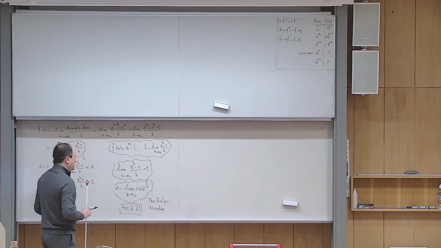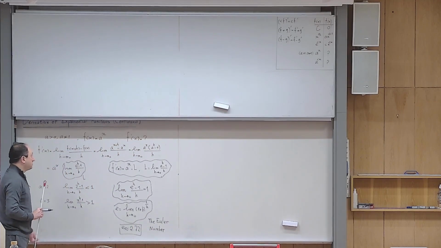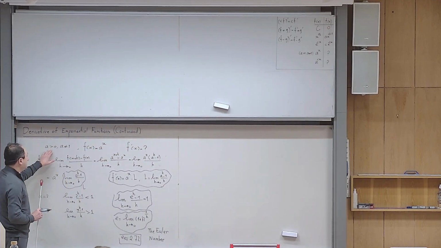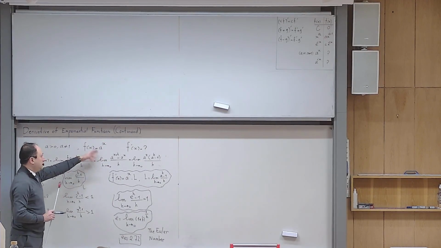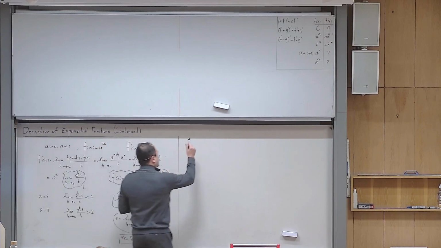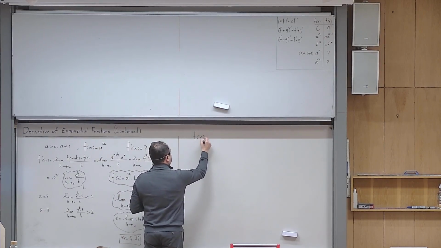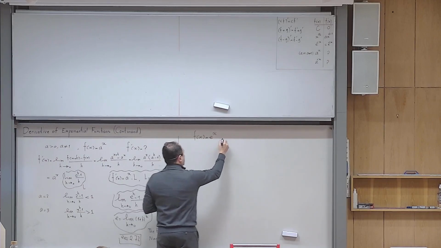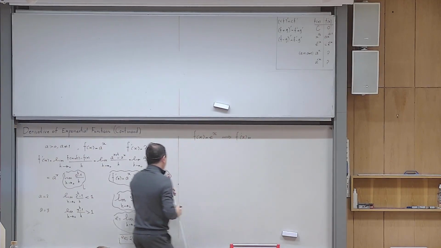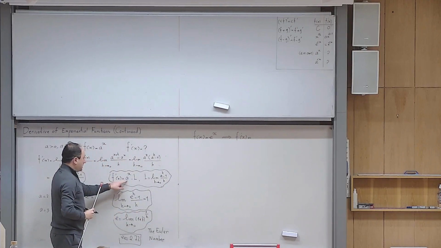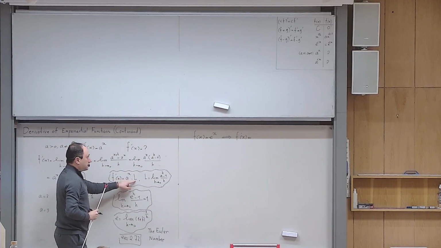Okay, so now what does this mean? This means that if I start from e to the power x, not just any a to the power x, what will happen? If f of x is e to the power x, then if I ask you what the derivative of this is, the derivative is the same function multiplied by this limit.